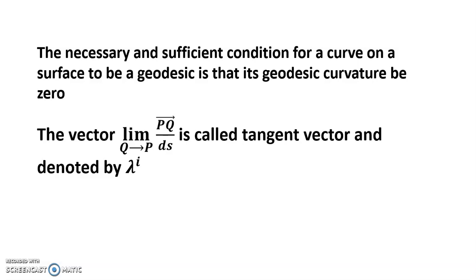Okay, λ^α is equal to the tangent vector. You can check that this is the point P and this is the curve C, and this is μ and ν, and this is the λ. This portion is λ.